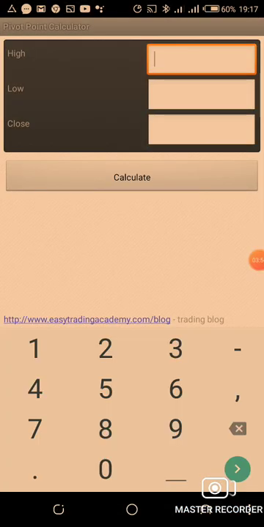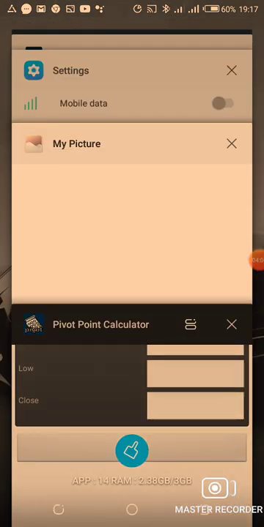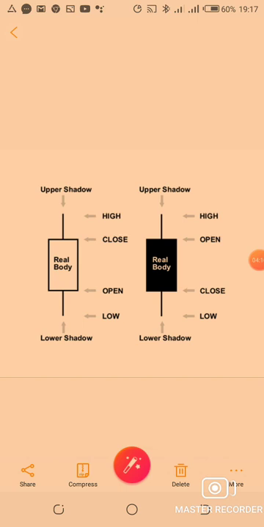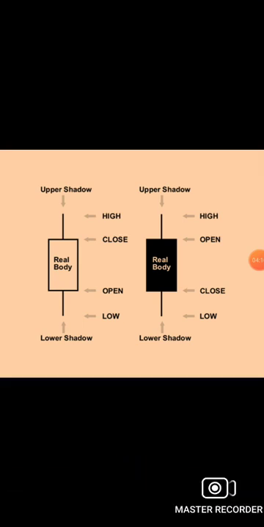Can you see it? If you open it, you'll be having the high, low and close. Can you see that it is going in line with what I have just showed you? Meaning that anytime we calculate the pivot point, we need the what? The high. We need the what? The low. We also need the what? The close of that market.